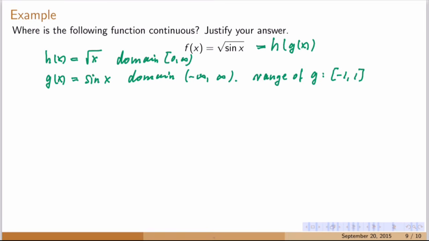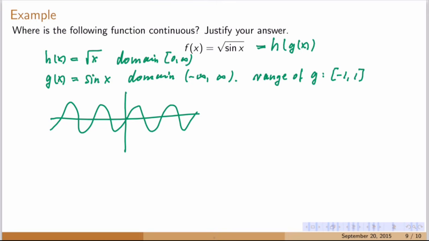So where is the sine function positive? To find that out, I plot the sine function just quickly. So here is pi, and this is 2 pi, 1 period, and then this is minus pi, this is minus 2 pi, the lower value is -1, the upper value is equal to 1.